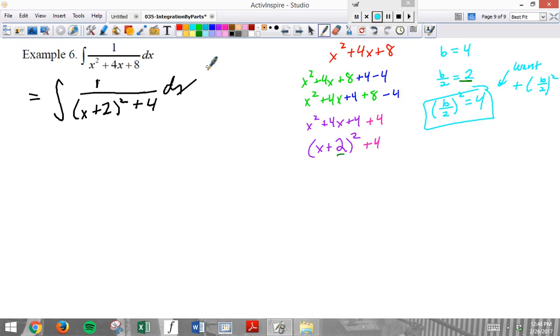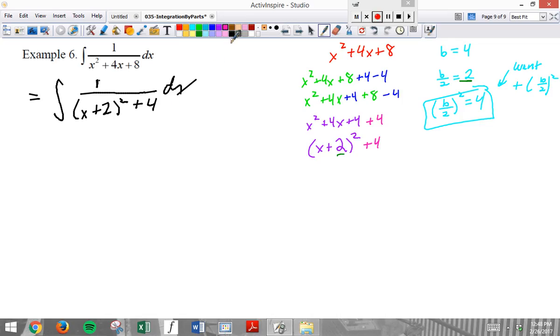And now some of you are like, well, that was a big waste of time. That didn't help me, Mr. Leven. I don't know how to do that. Well, I notice it's 1 over something with an x, even better, something with an x squared plus a constant squared.